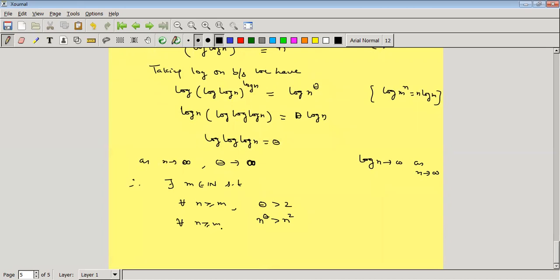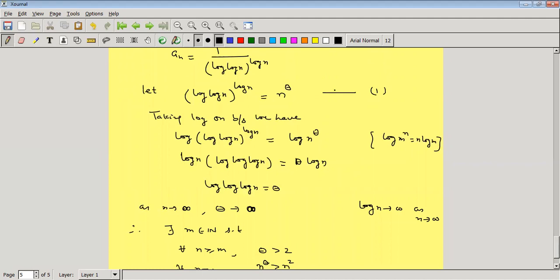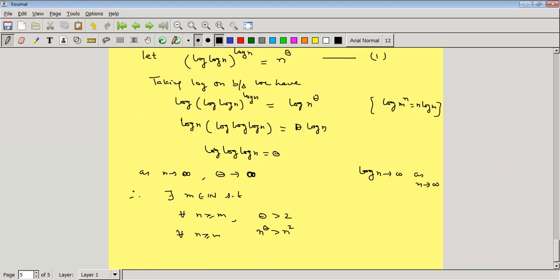Now, since from equation 1, what is our n^theta? It is (log n)^(log n). So we can say (log n)^(log n) is greater than n^2.